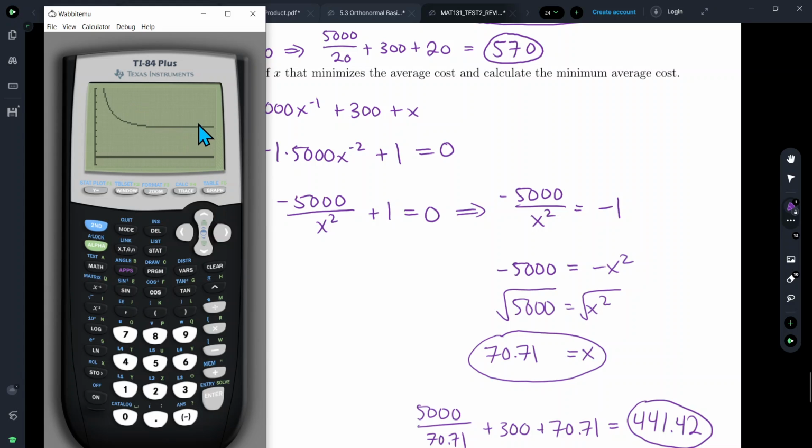Okay, so we kind of see the shape of the graph, but it's not entirely clear where the minimum occurs. So let's make the x bigger. Right, so you can see that the graph goes down and then it starts coming up here. So the minimum should probably be around here somewhere, right? So let's calculate it.